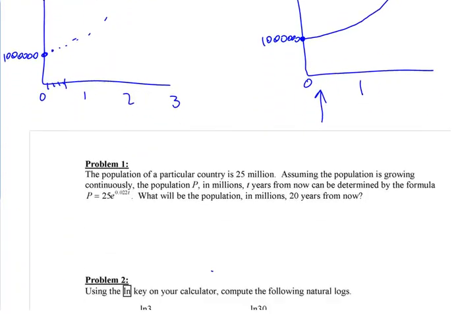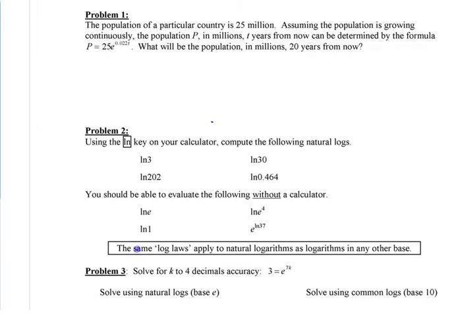That being said, then, all you're going to have to be able to do are maybe evaluate things with e in them, or if you're given a formula for something that has an e in it, be able to work with it. This is like a modeling problem that we would have done before. If we were having something that started at 25 million and you aren't given the growth rate here, but if the growth rate was 2.2%, you would model it like this.